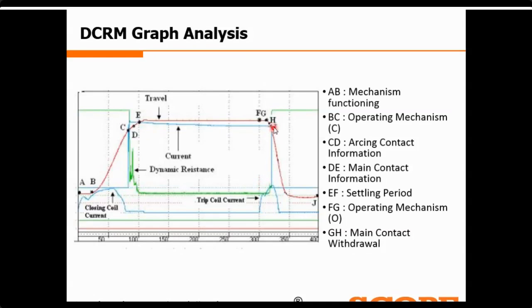The green curve is very high at I. Because of the separation of the arcing contacts, the opening of the circuit breaker is happening. That is why the resistance is going upwards and the current is going downwards. The time taken between I and J will indicate the healthiness of the operating mechanism.